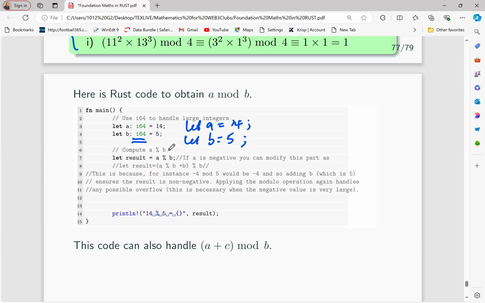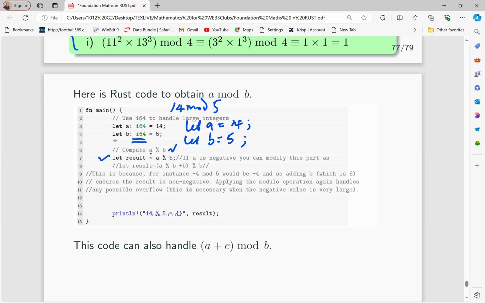Now, compute the remainder. This is what I've written here: compute the remainder on dividing a by b. That's what it means, so this is what you write. Let the result be... the question here is, what is 14 mod 5?